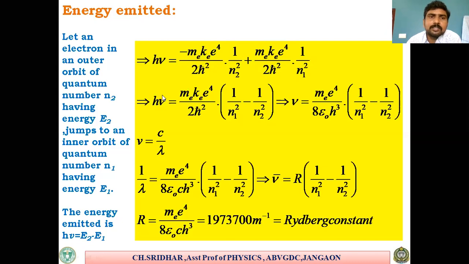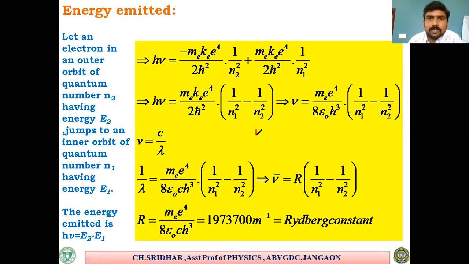And if you write the equation for the frequency, nu is equal to me into e to the power of 4 by 8 epsilon naught into h cube, where we substituted the value of Ke and h here. So this is the value of nu.